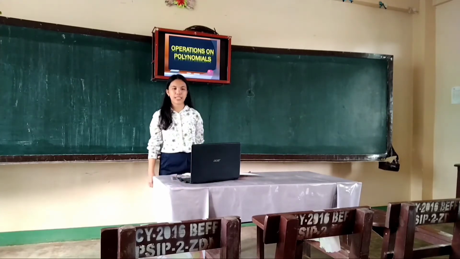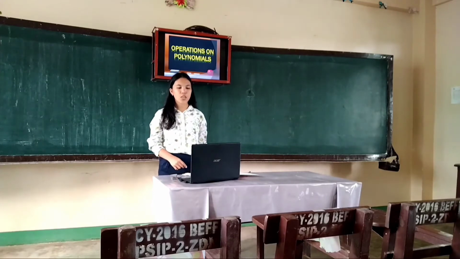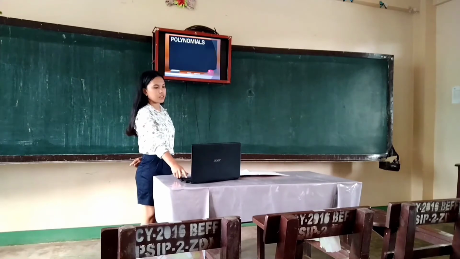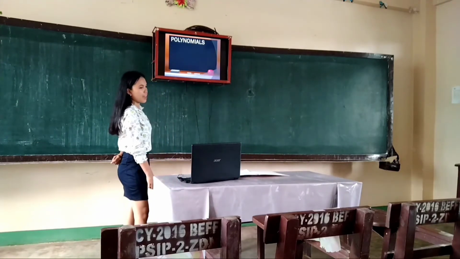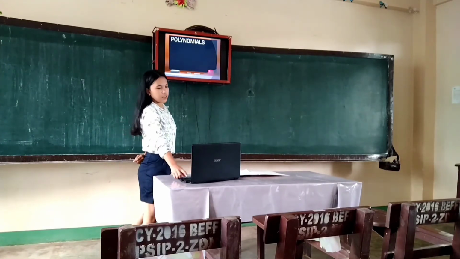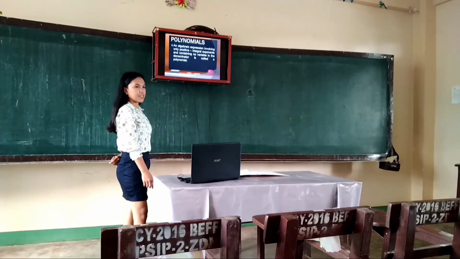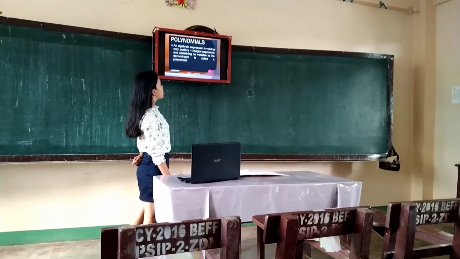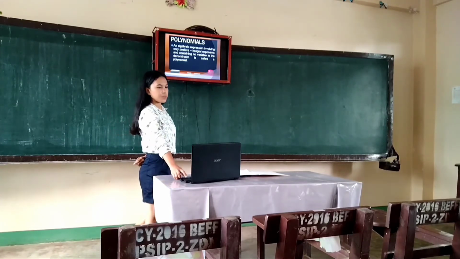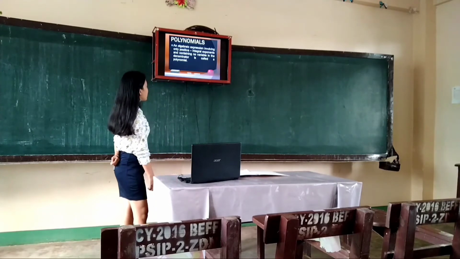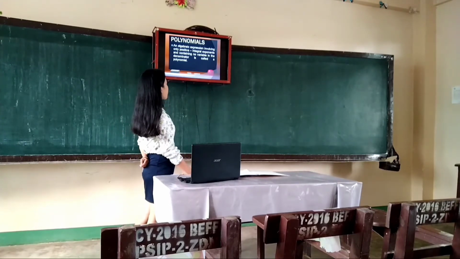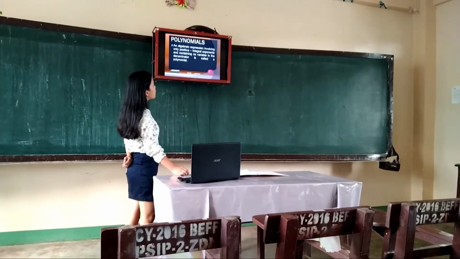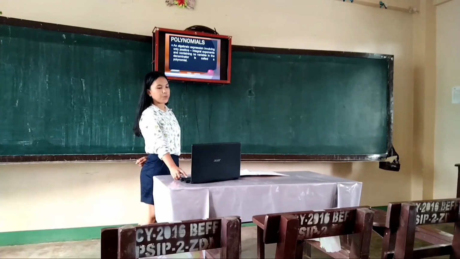And now we will proceed to our proper lesson, the operations on polynomials. Before we proceed, we will first define the polynomial. Okay, Ms. Labasan, can you read the definition? ...integral exponents that contain no variable in the denominator.